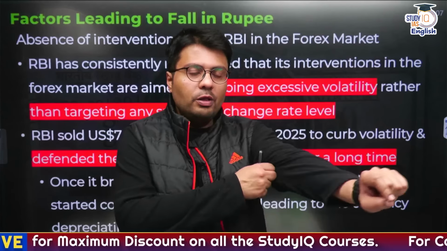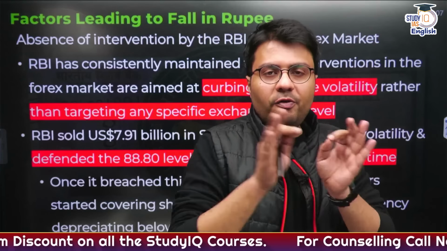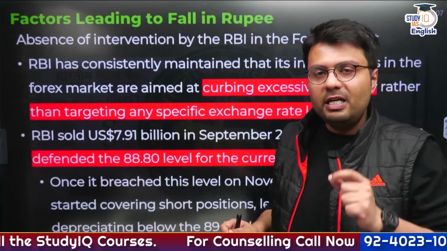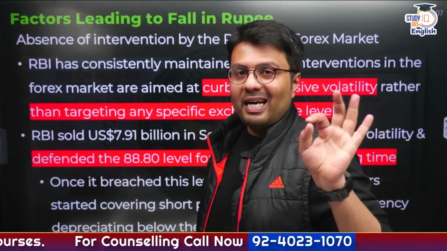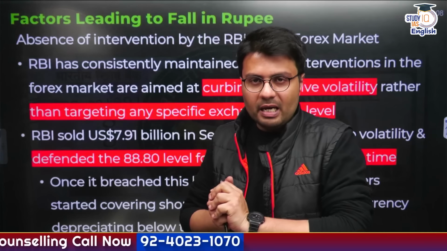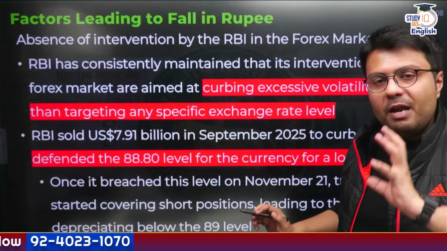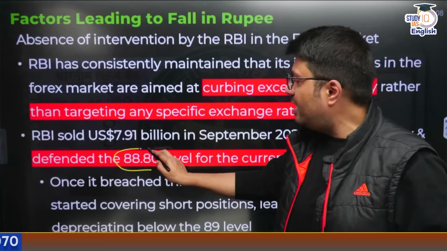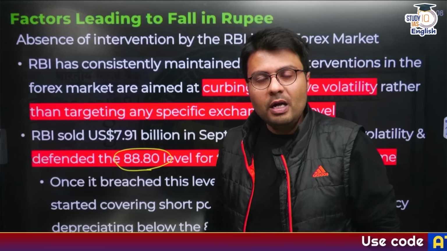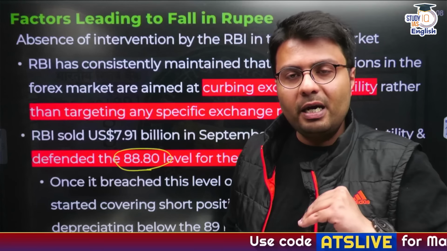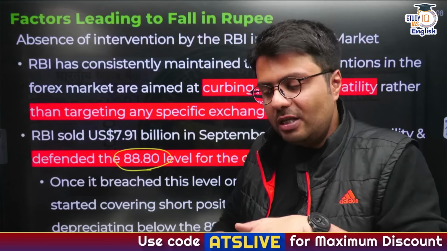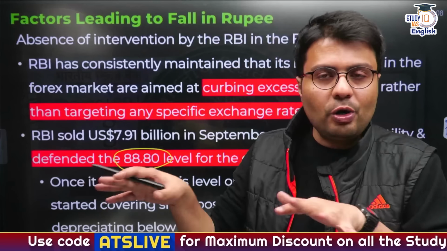I told you one of the ways in which the value of the rupee with respect to the dollar can be managed is by the intervention of the central bank, that is, in India's case, the RBI. For a long period of time, the RBI was defending the level of 88.8 rupees per dollar by intervening in the forex market, frequently selling dollars in order to create parity in demand for dollars and rupees.